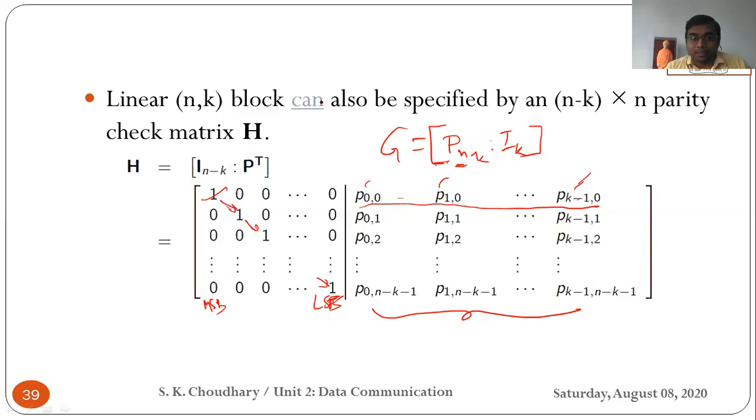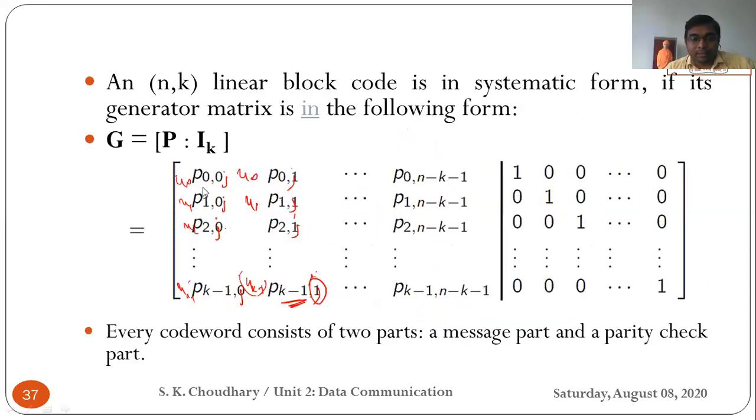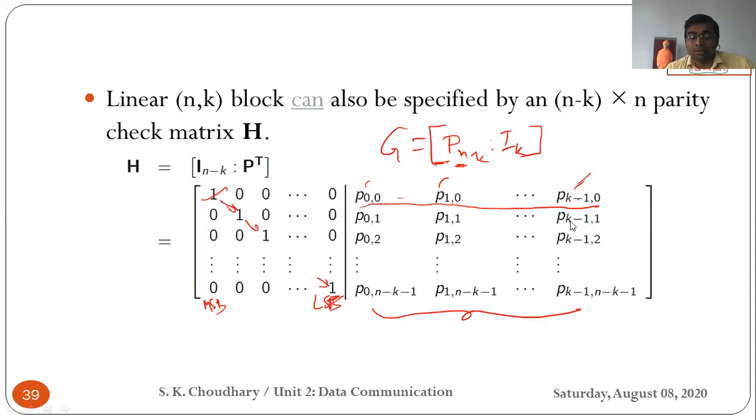If you remember, this was the first row, P00 to P_{k-1,0}. It now becomes the first row in H. First column in the generator matrix becomes the first row, the second column becomes the second row, up to the nth column becoming the kth row.